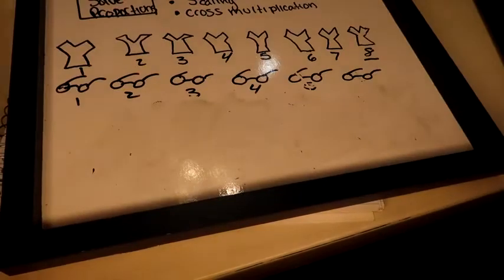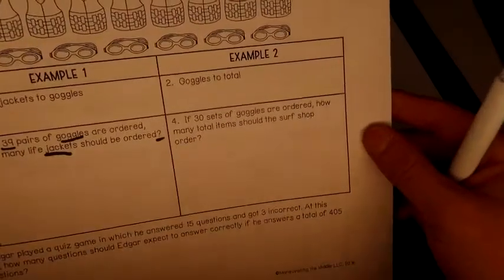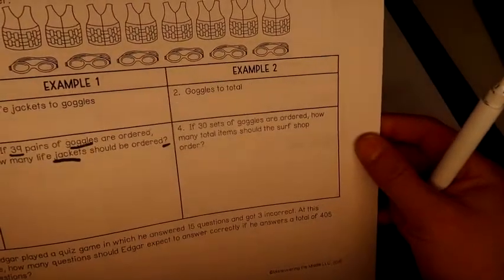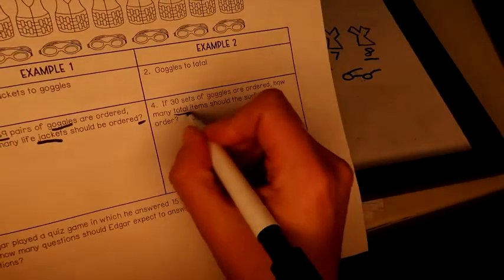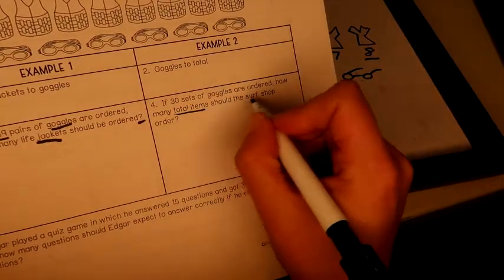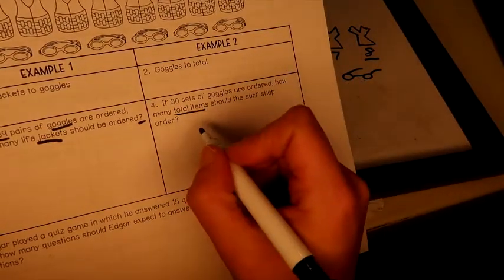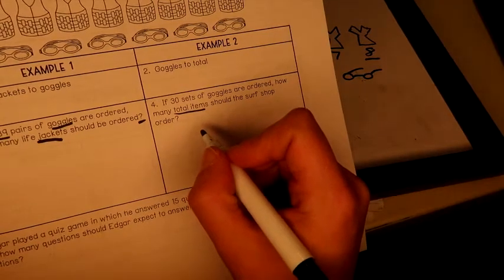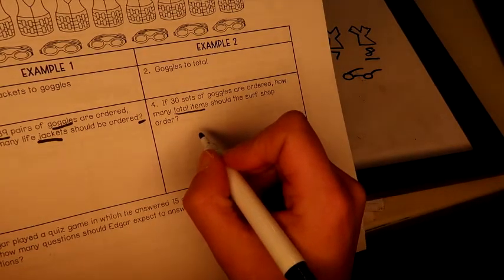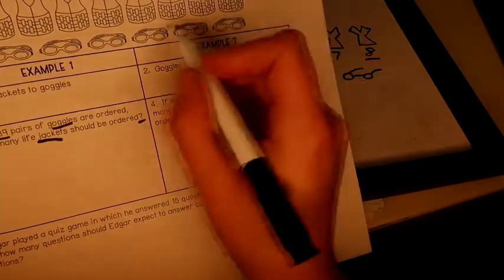So now we are looking at problem number 4. If 30 sets of goggles are ordered, how many total items should the surf shop order? So how many goggles are ordered? So we have 1, 2, 3, 4, 5, 6, right?